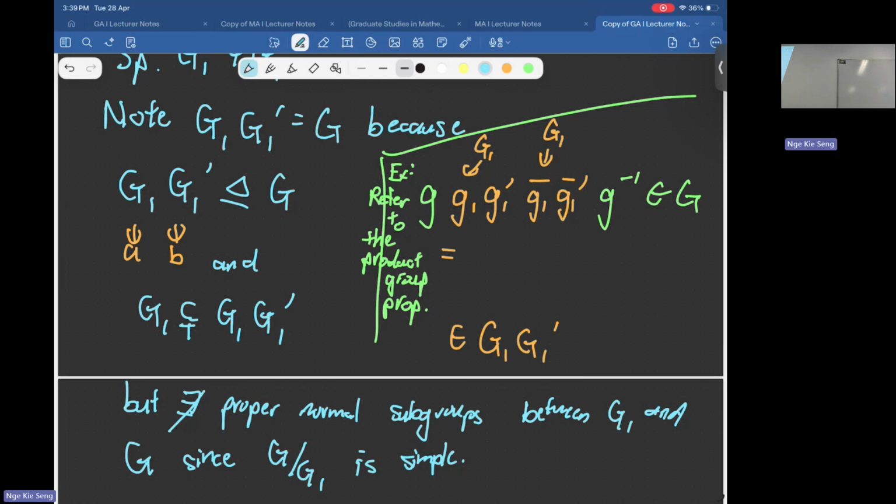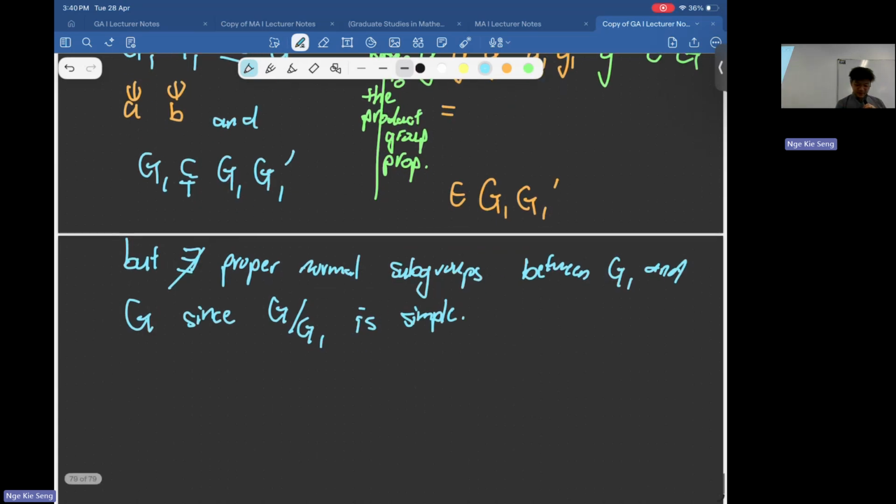So meaning if there is a normal subgroup in between G1 and G, then G over G1 will contain that normal subgroup. So meaning that normal subgroup mod out by G1 is still normal. You believe it? I think it's not hard to prove, not hard to see. You get what I say? So let me write down.